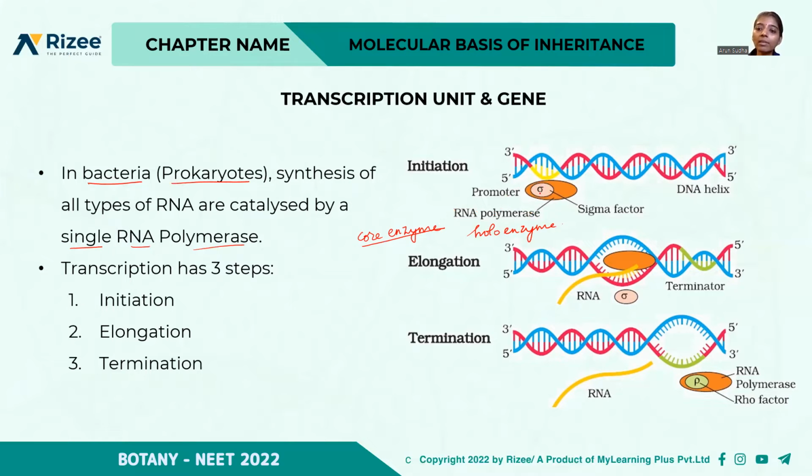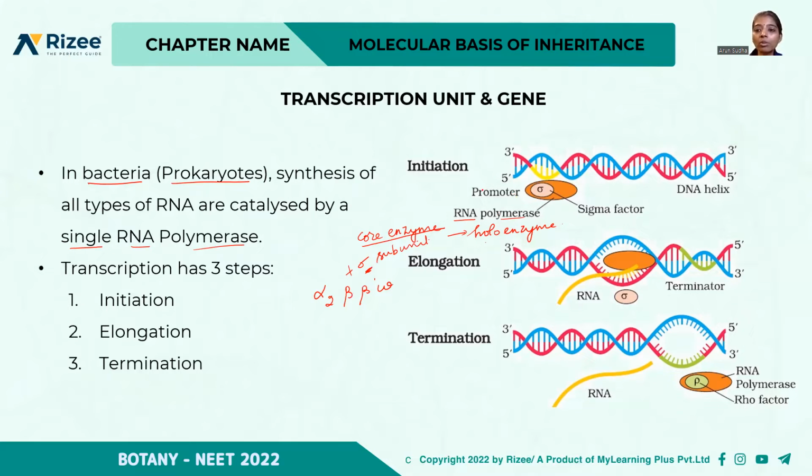The whole enzyme is called the holoenzyme, and the core enzyme plus the sigma subunit is the holoenzyme, while the core enzyme is without the sigma subunit. So this RNA polymerase in prokaryotes consists of many subunits like 2 alpha subunits, beta, beta dash, and omega subunits. They form the core enzyme, and the sigma subunit is needed for initiation to happen.